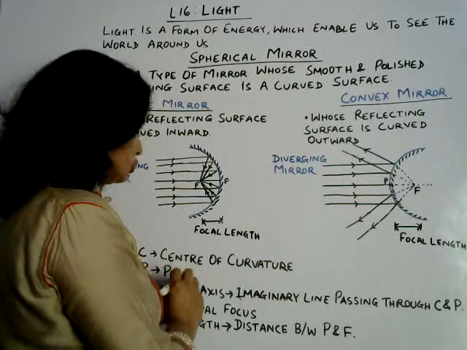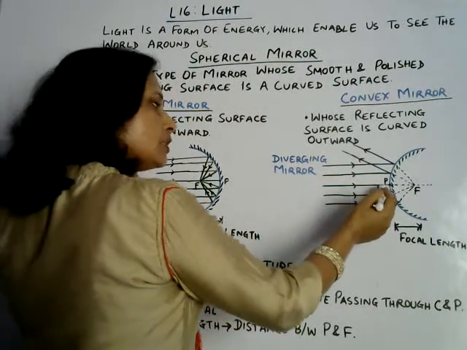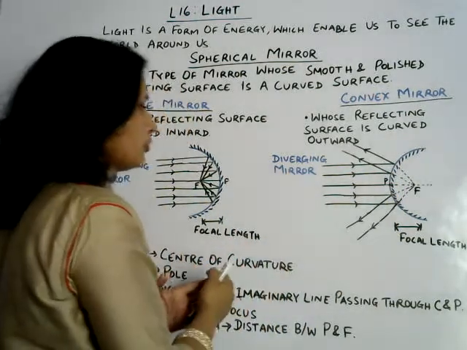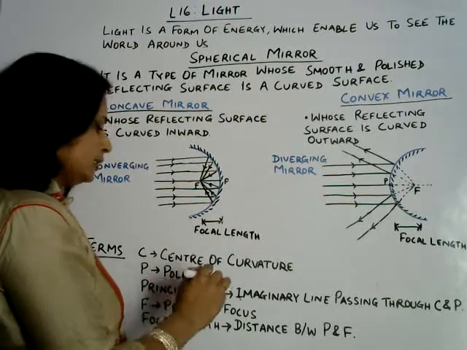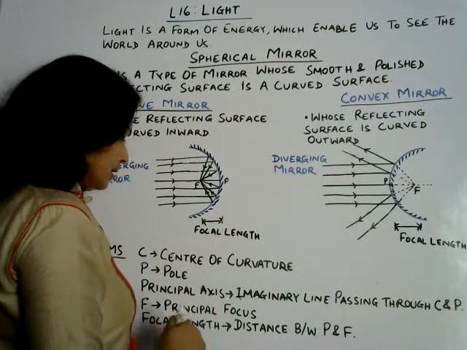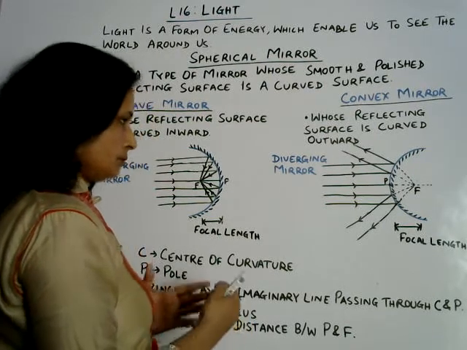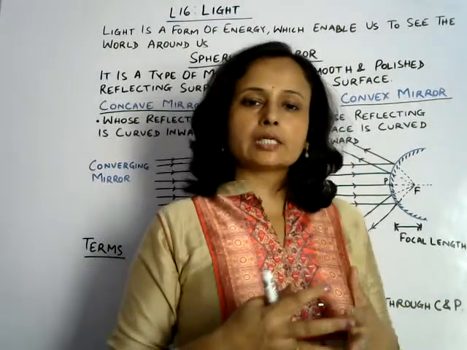The point where the line from the center of curvature meets the reflecting surface is called pole, and the line that joins C and P is called principal axis. Now we have to discuss first how reflected rays meet here.